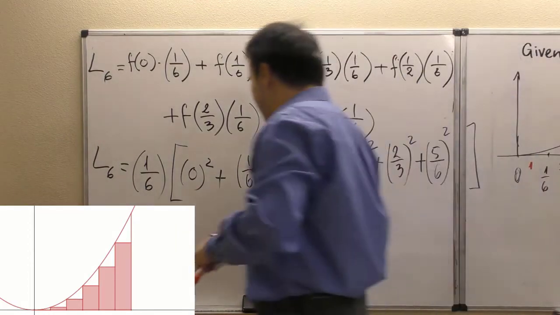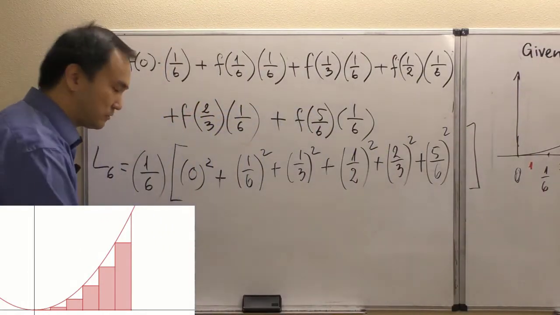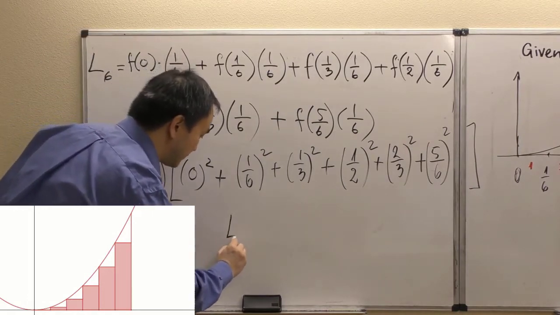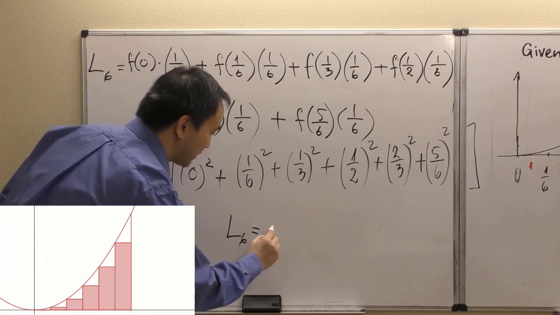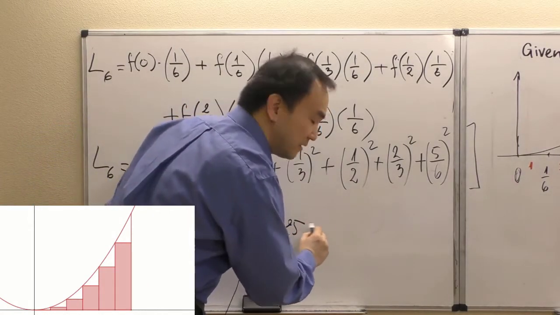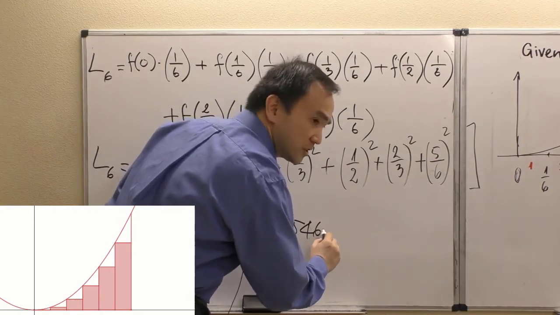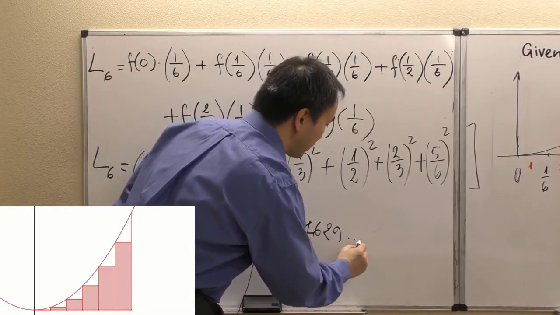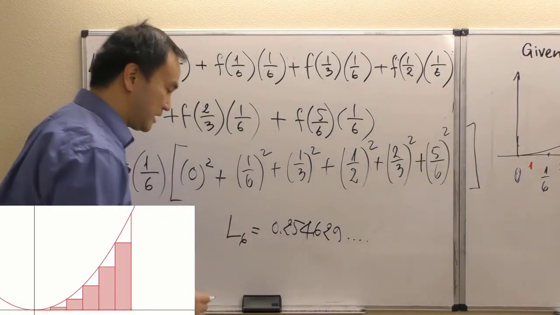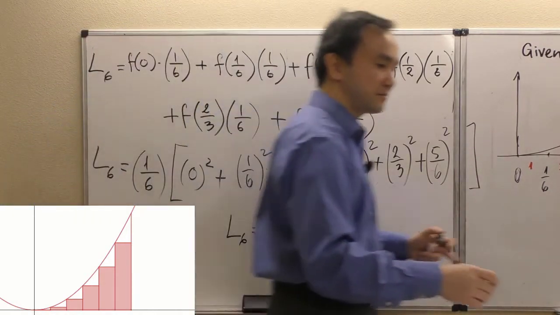This time my answer, according to what Desmos gave me, L6 came out being 0.254629, and a lot longer, and I'm not even rounding it. Okay, and this is definitely not the area.